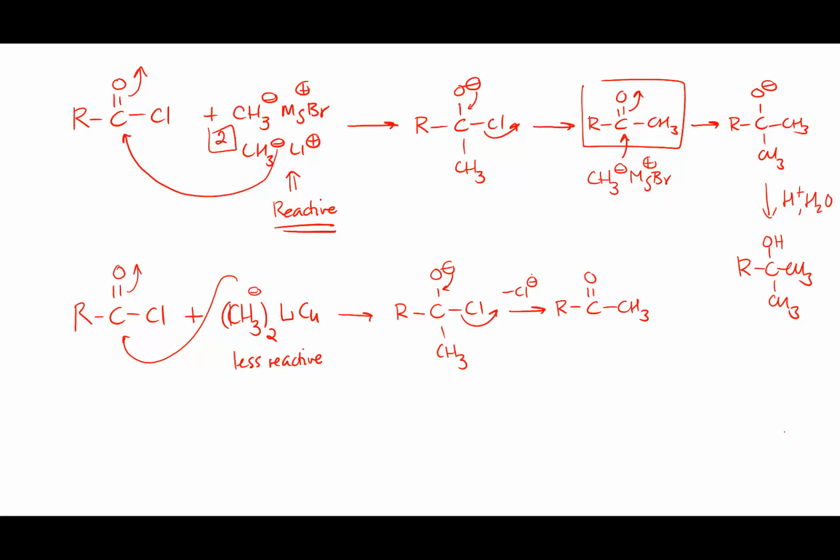So if you want to make a ketone, then what you end up doing is using the less reactive counterpart to a Grignard, which is our friend, the lithium cuprate. And we're going to see that again in our reactions.